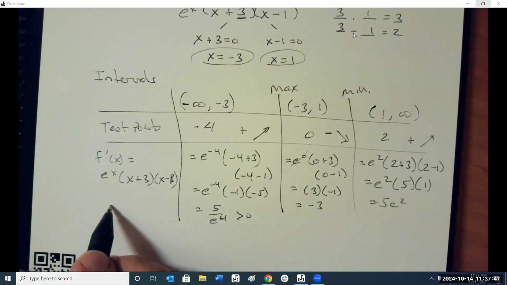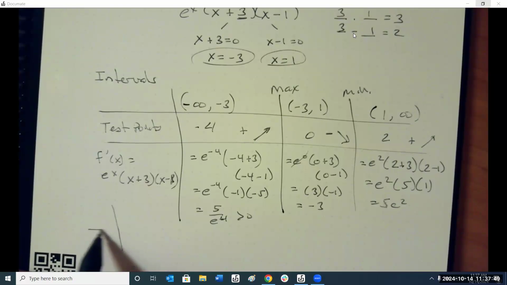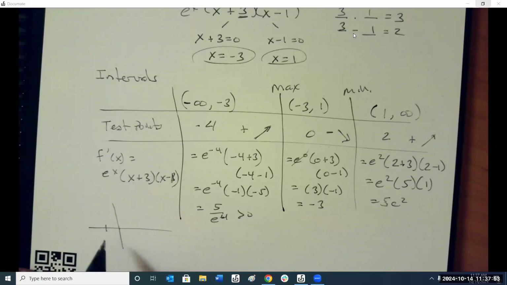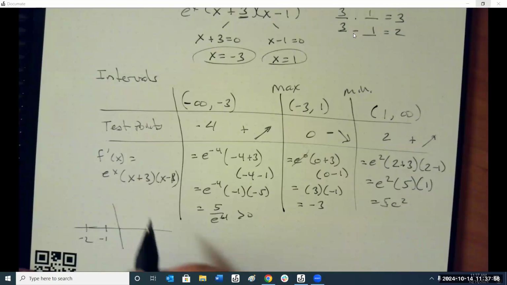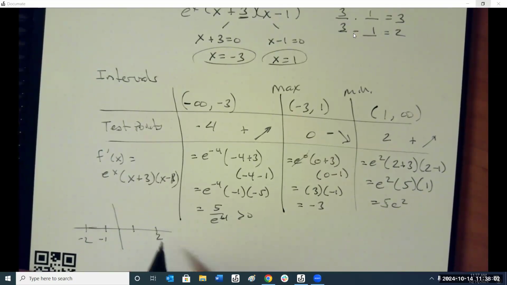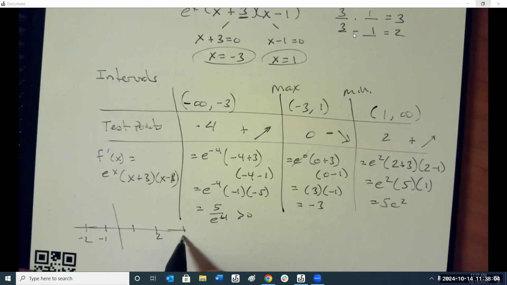And the graph, this one looks pretty weird. We have negative 1, negative 2, 1, 2, 3.